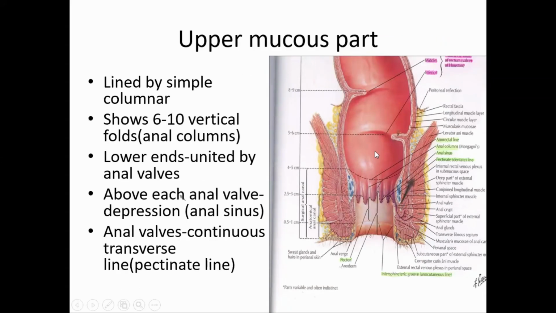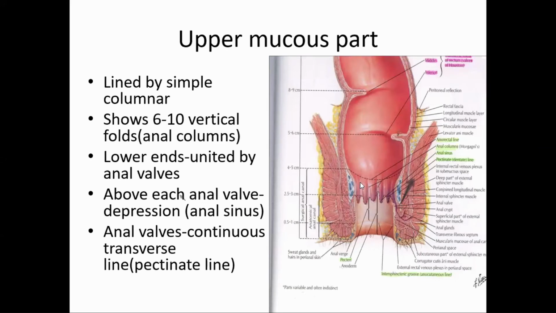Now the upper mucous part. What structures are present in the upper mucous part? Its length is 15 mm, and there are the anal columns, anal valves, anal sinuses, and the anal papillae.